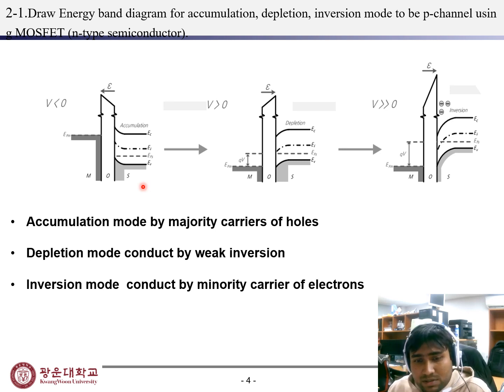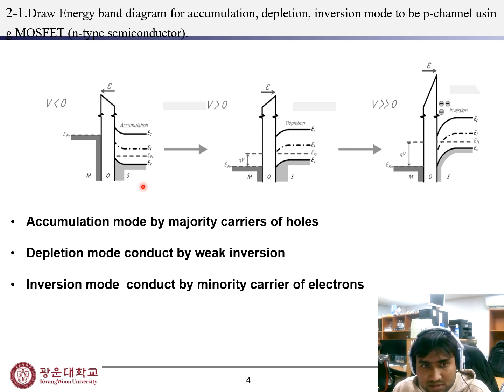If the substrate of the MOSFET is n-type, there the majority carrier is electron, and that's where accumulation occurs. But if we use a p-type substrate instead of n-type, then inversion mode occurs, because the minority carrier of p-type is electron.